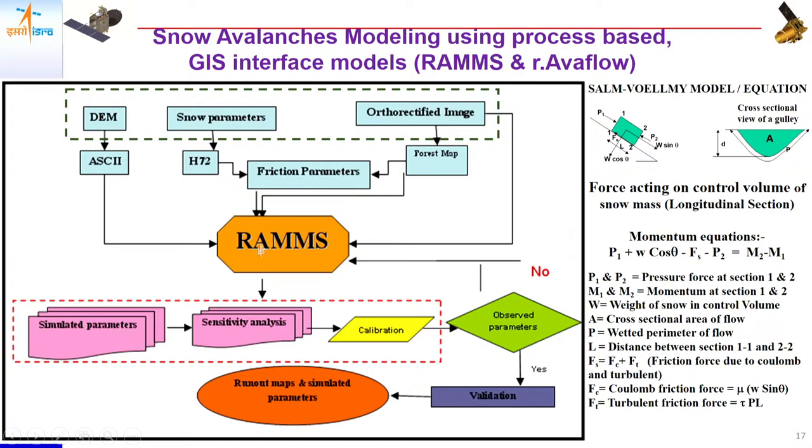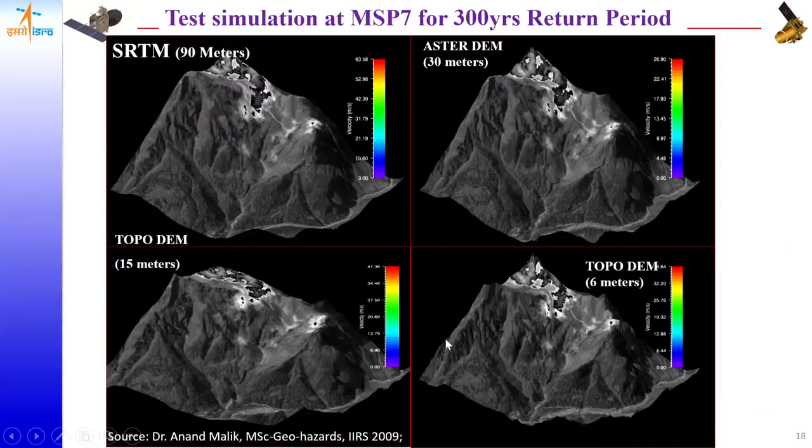This is one example using one of the popular models, the rapid mass movements model, which has compatibility with the GIS. You run this model, and basically it solves the Salm-Olmy equation, which one of the lectures will cover in detail. Solving the basic mass and momentum equations, you will get how much velocity and how much momentum is generated once you release this avalanche, and you can very nicely visualize this data in the GIS.